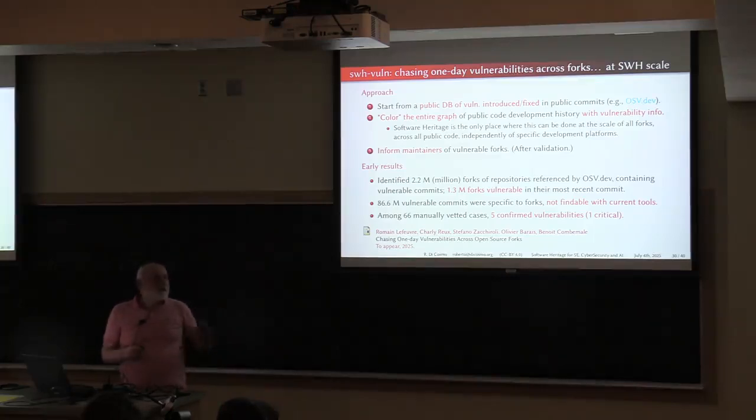Okay, so they checked a few dozens and found real vulnerabilities that were invisible to all the models, including from the hyperscalers. So this research work has been finished, and we are planning to include it in the services of Software Heritage.